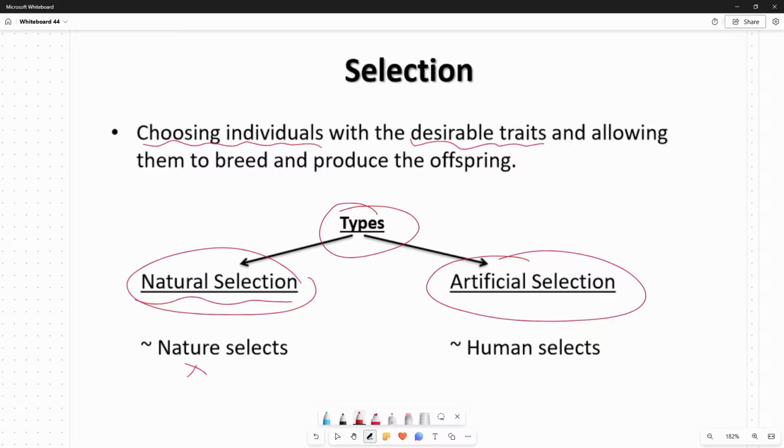Or you take an organism from Limpopo, you breed it in the Eastern Cape. That organism might struggle to survive because of the environmental conditions. But in artificial selection, the human selects organisms that have the best characteristics. You can see this cow produces good milk, you select it to produce. So that is artificial selection.